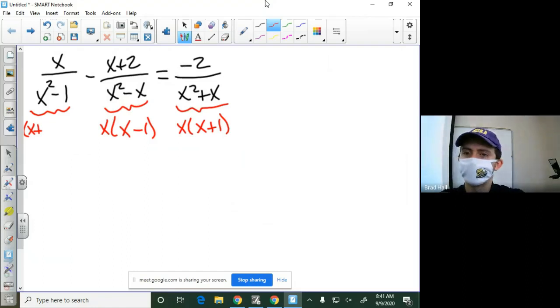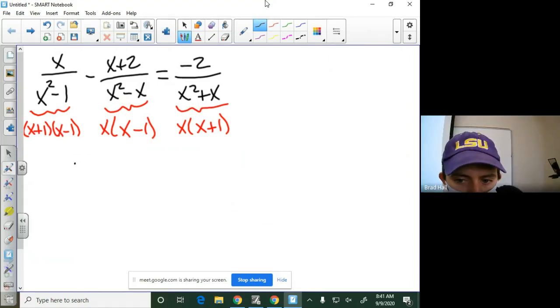So instead of using x plus 2 and x minus 2, because 2 was the square root of 4, the square root of 1 is 1. And so that is each denominator. So I'm going to rewrite the problem with this newly factored idea.